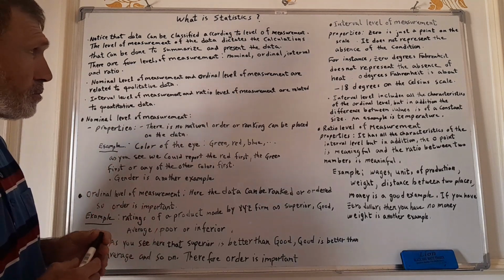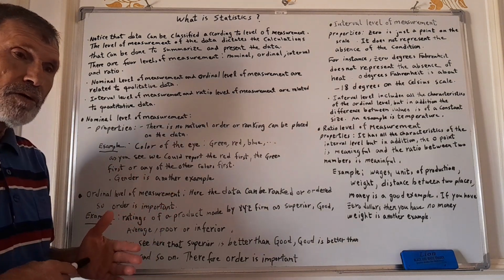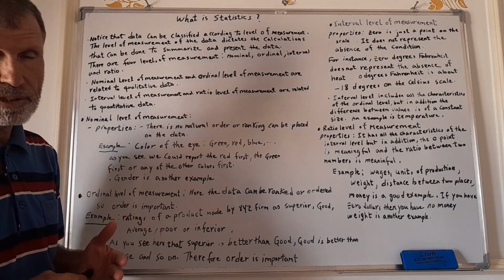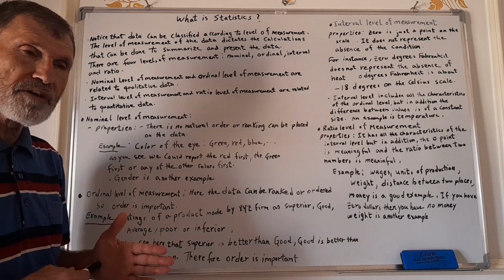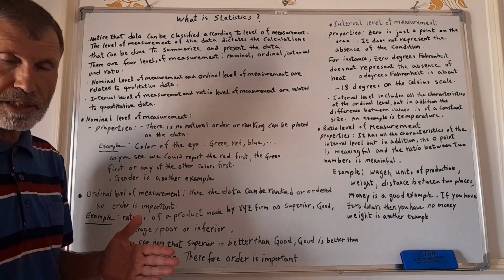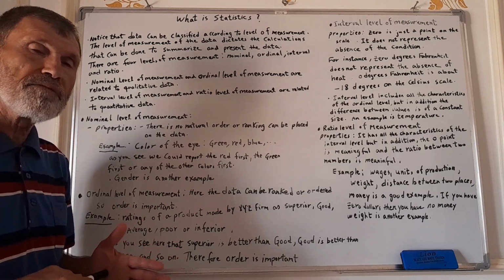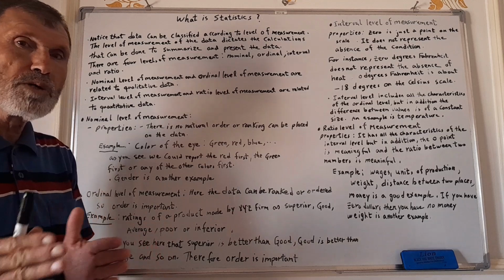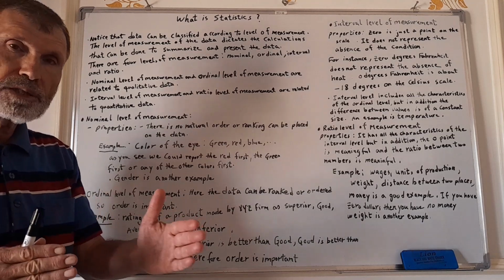Now, we have already studied that we have two types of variables, qualitative variables and quantitative variables. And we already said that qualitative variables are attribute variables that cannot be reported numerically. However, quantitative variables are those that are reported numerically and can be discrete or continuous.